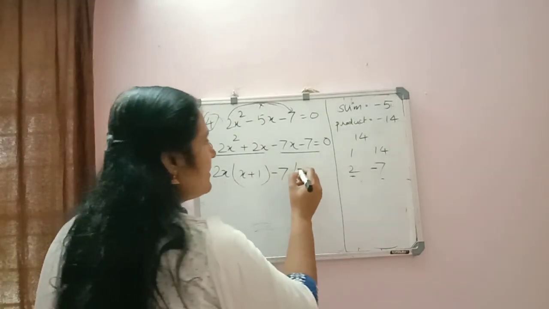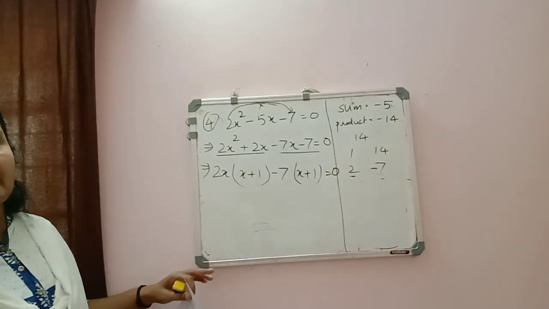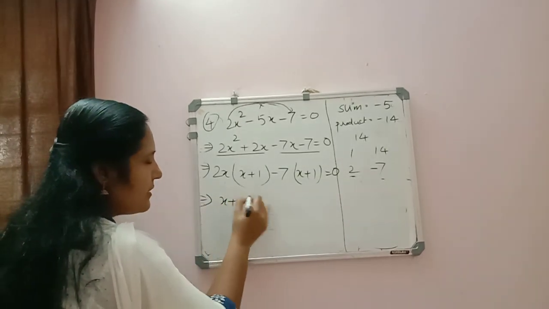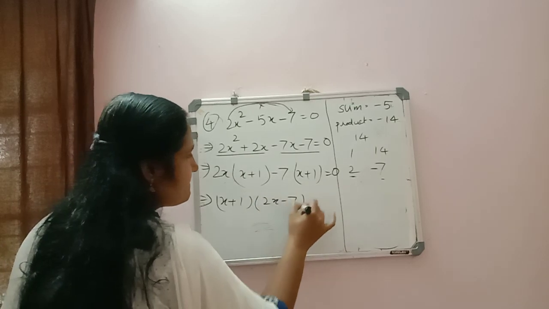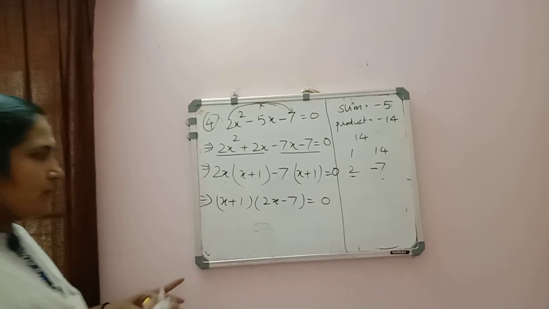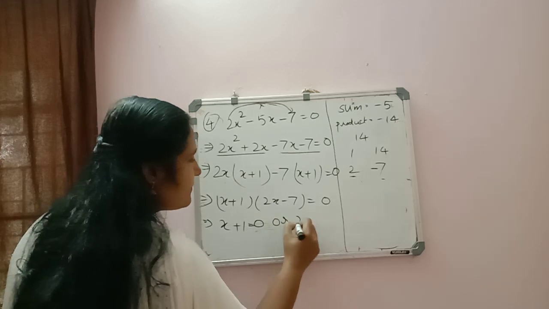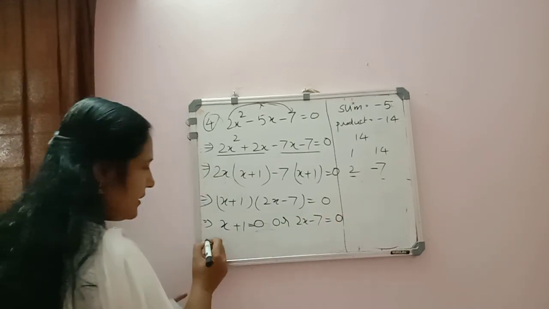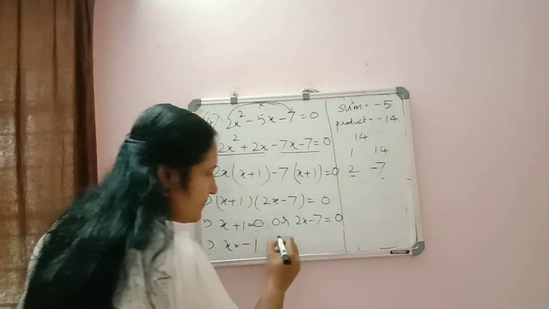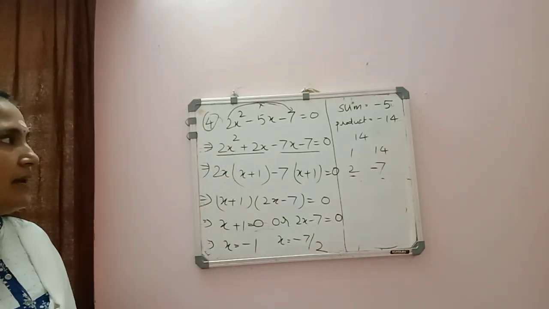So inside the bracket it will be x plus 1 equal to 0. x plus 1 into 2x minus 7 equal to 0. So either x plus 1 equal to 0 or 2x minus 7 equal to 0. So from here x will be equal to minus 1 or x is equal to 7 by 2. Two zeros of the quadratic polynomial.